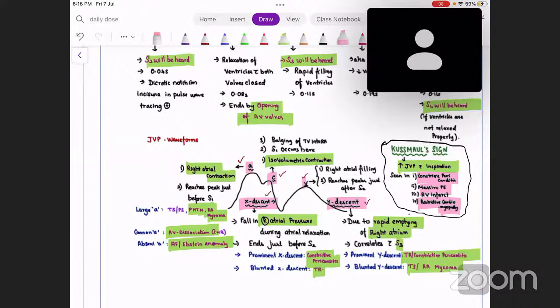These are the 4 scenarios in which you may see the Kussmaul sign.